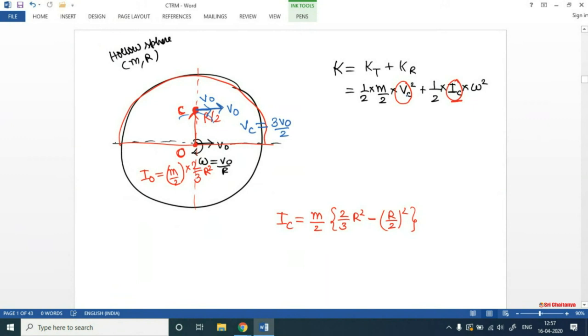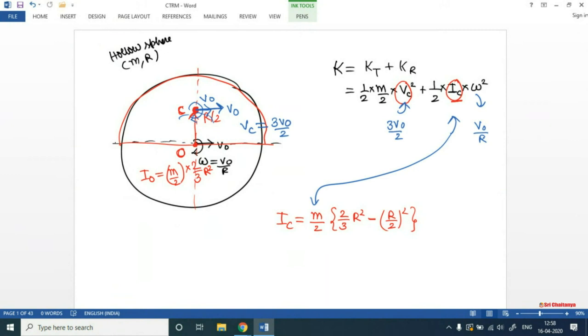If we substitute the value of vc as 3 v naught by 2 over here, and the value of Ic from here, and omega we already know about any axis, that is going to be v naught by r, then when we substitute these values, we will be able to get the kinetic energy of the upper half of the body.